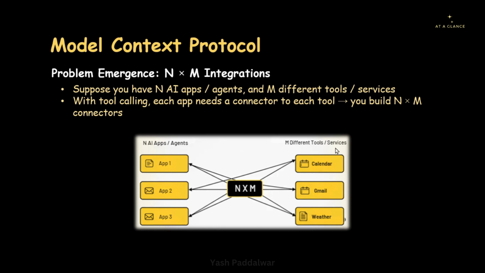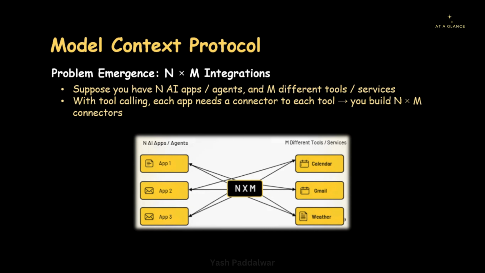Let's say there is a change in the API structure of calendar, you will have to change it everywhere, in app 1, in app 2, and everywhere. You will have to manually check what function definition changes are there and change them accordingly. And apart from that, you'll also have to handle the error handling part that you have to define for every single chatbot that you use.